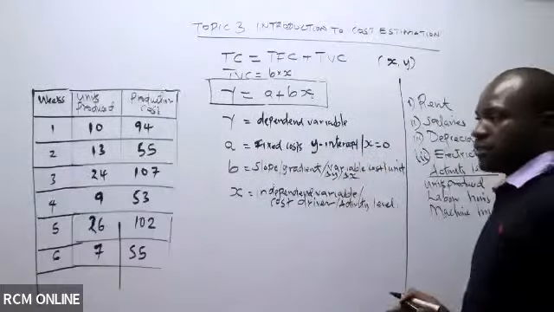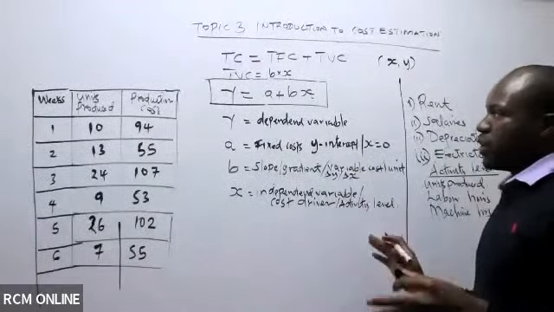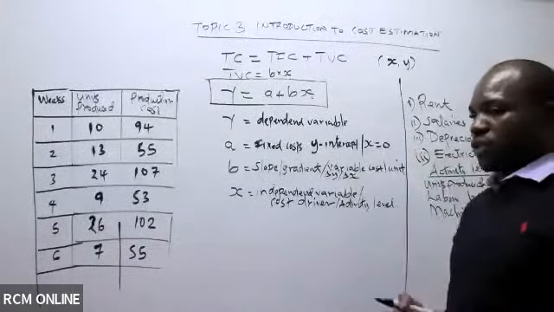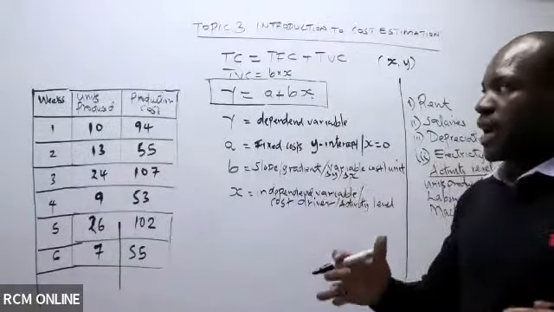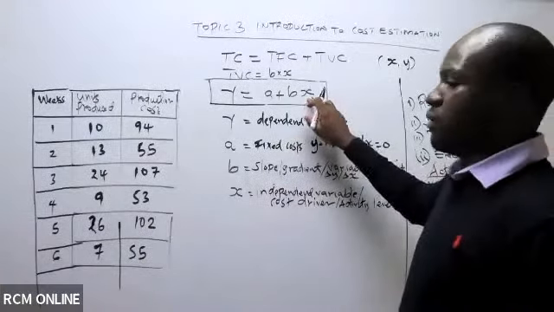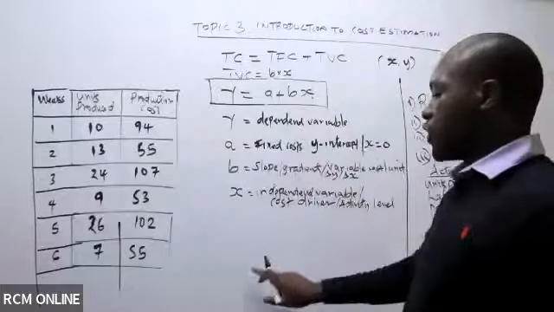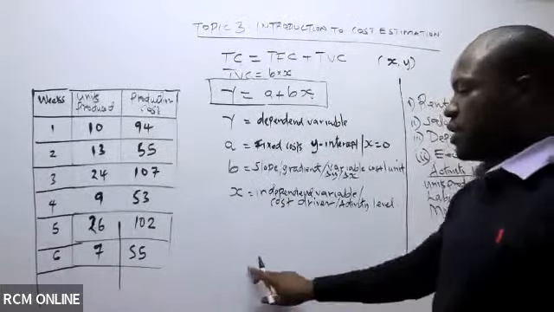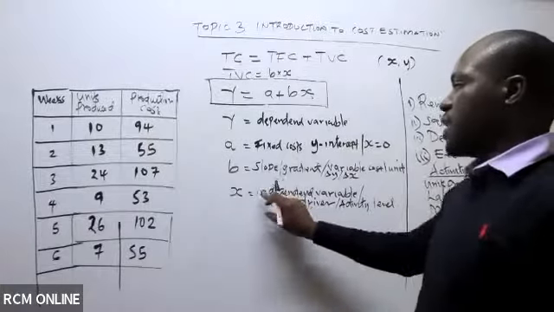It dictates. If you want to look at what we are going to have as the total production cost, the total cost incurred, then you must look at the behavior of X, the units produced, the activity level here. So this is the independent variable.